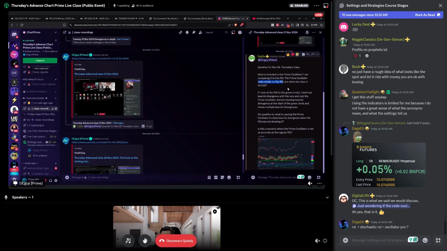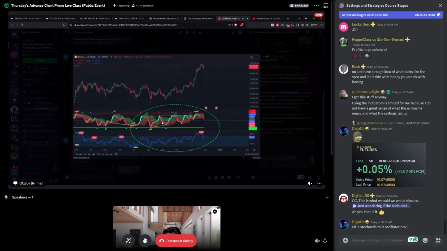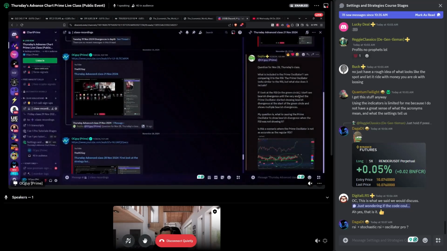But what else does it include? All right, I just mentioned it, right? Perfect. Also, I'll show you what else the oscillator has within it, as extra indicators. If I look at the RSI inside the green circle, I don't see bearish divergence until the very end.